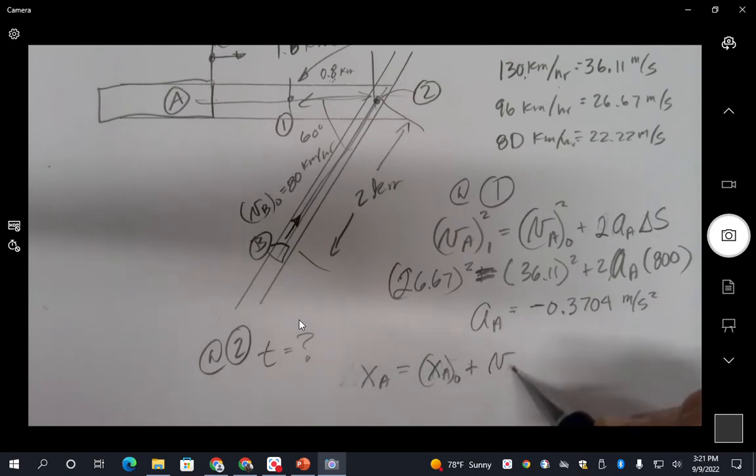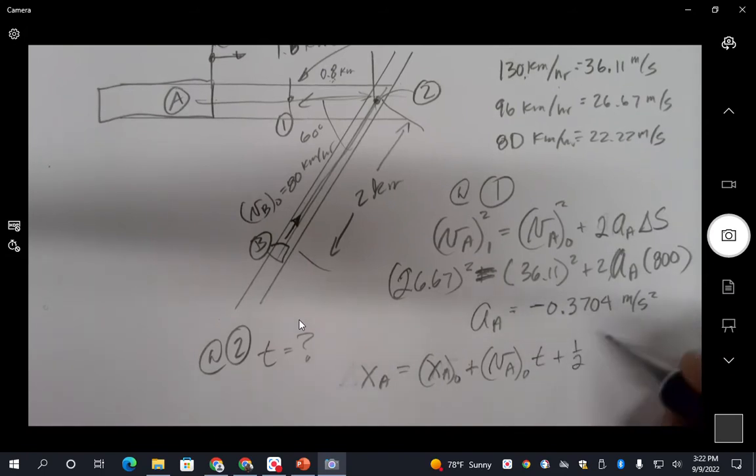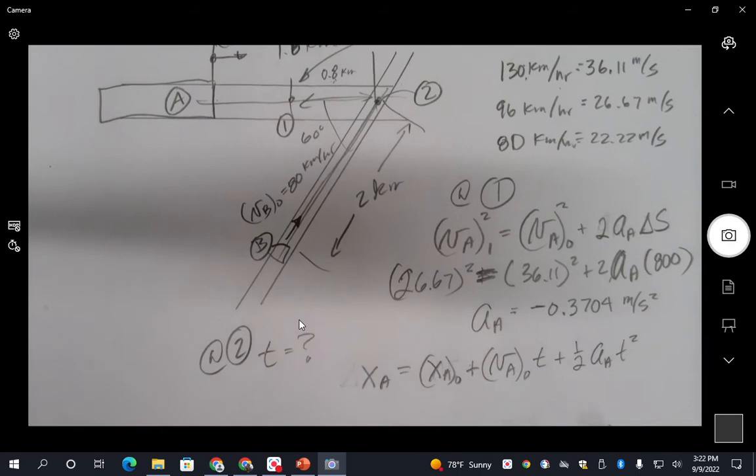So we have the velocity of A initially times the time plus 1/2 times the acceleration of A times t squared.